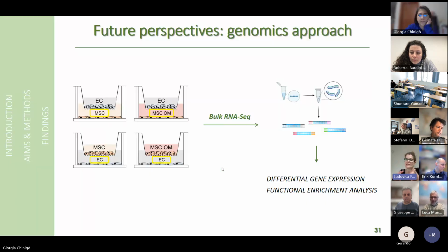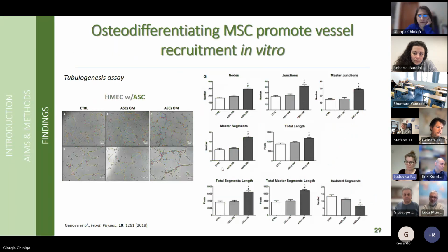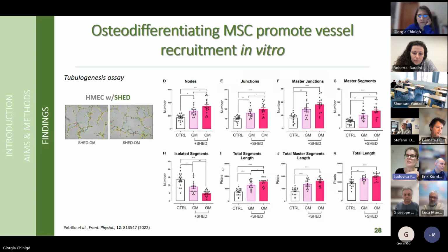So you see that they proliferate once there on the Matrigel, but on the other hand, when you culture them on the transwell, you assess the phenotype by real-time PCR only. So therefore, you know that the expression is higher. But what about the phenotype, the protein expression or whatever?